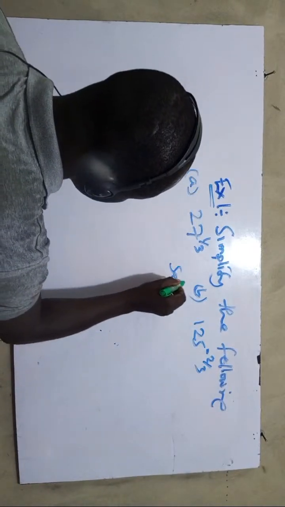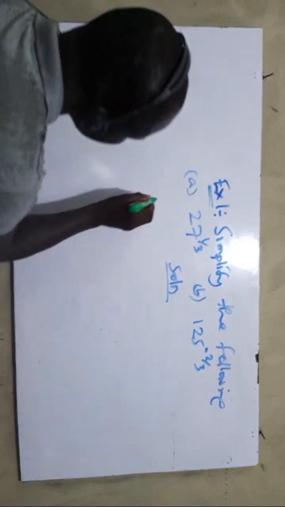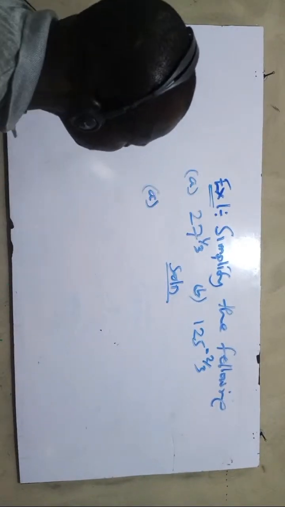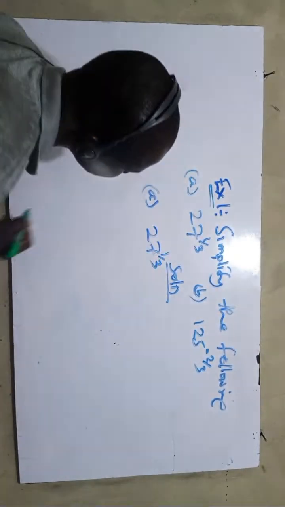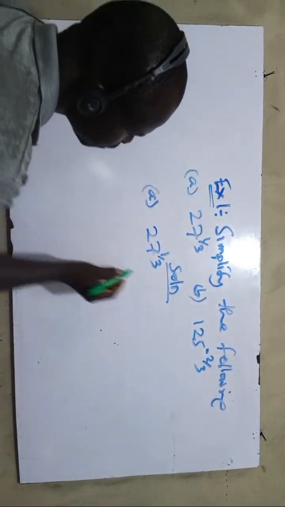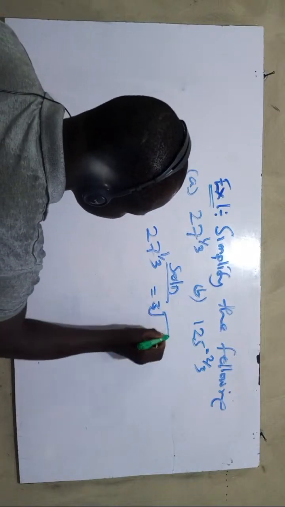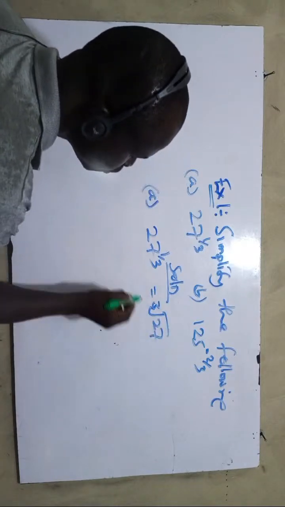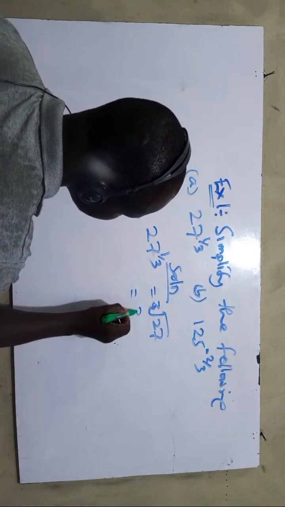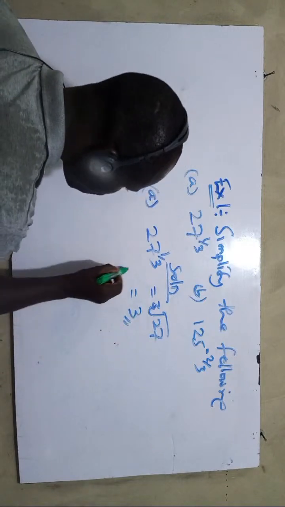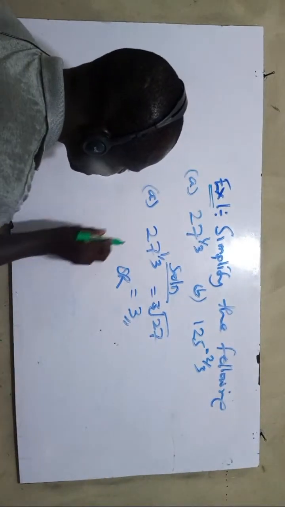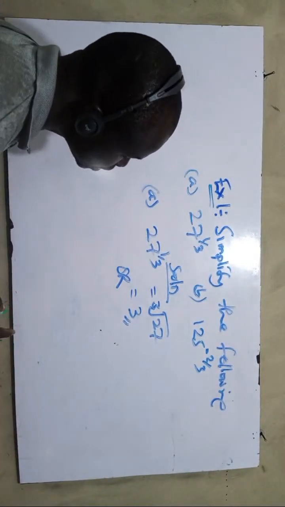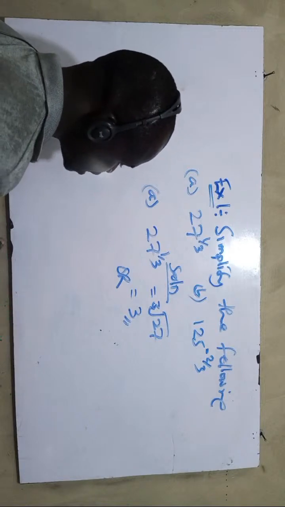Let's start with this solution. This first one is talking about the cube root of 27. Then the cube root of 27 is 3. That's why I said we shouldn't be too rigid about the law. I can change 27 to 3 in 3 places, because 3 times 3 is 9, and 9 times 3 is 27.